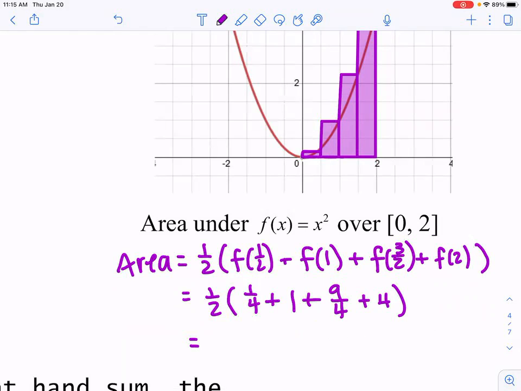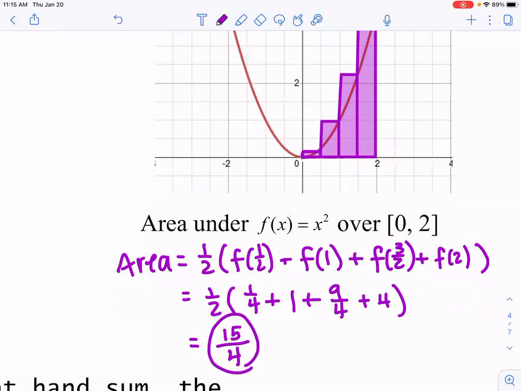What do we get this time? Times 1/2. So 15/4. Would you agree with that? Okay.